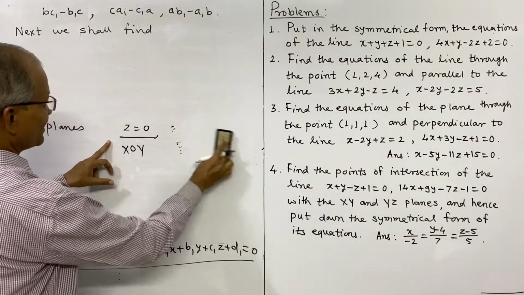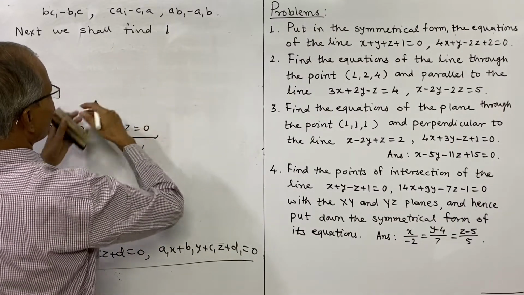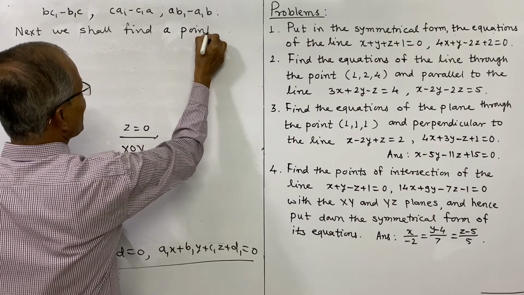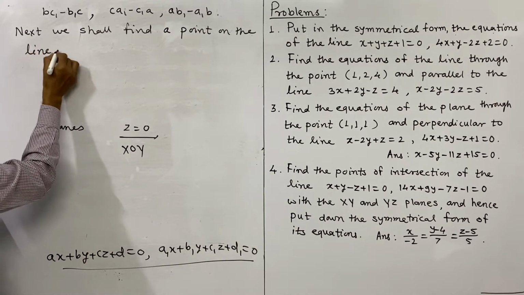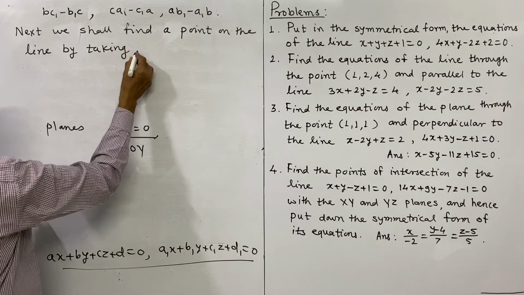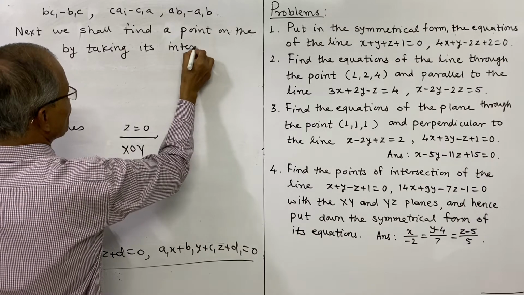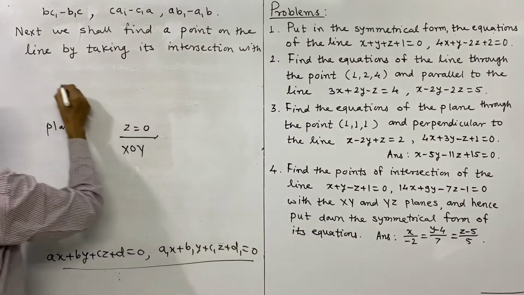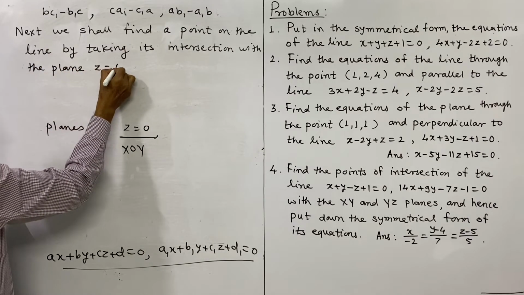So we consider this plane. We shall find a point on the line by taking its intersection with the plane z is equal to 0.